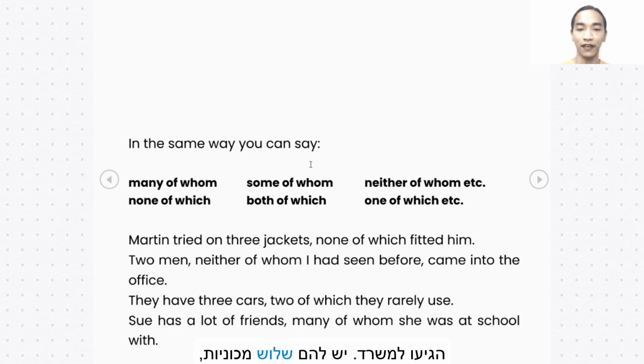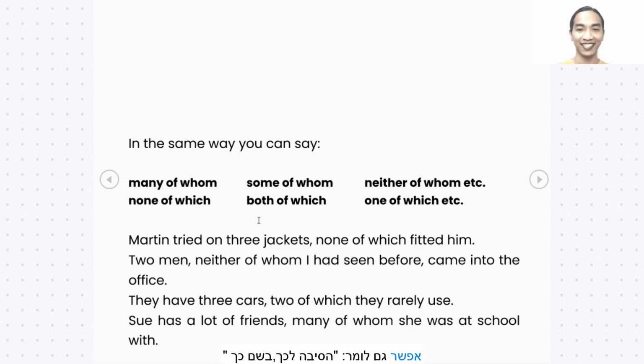They have 3 cars, 2 of which they rarely use. Sue has a lot of friends, many of whom she was at school with. I want you to please understand how we use these in your relative clauses.